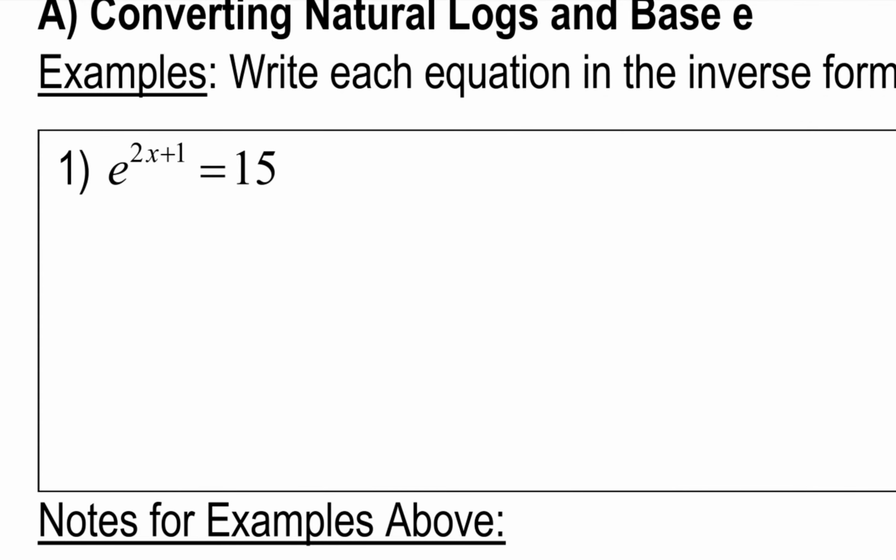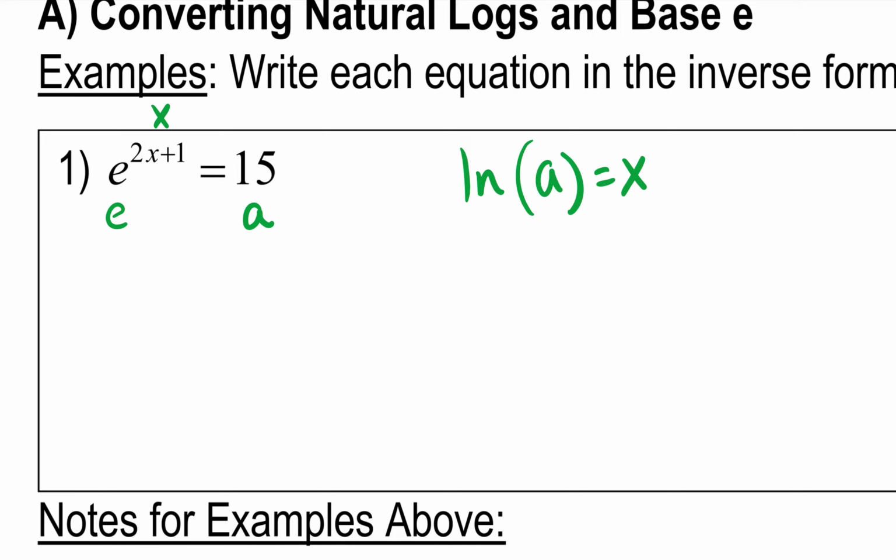Alright, so here, if you want to label these, I have E, X, and A. And to convert this from E, I would do natural log of A equals X. And notice I don't write a base because these are very similar to the base 10, where we just have a log with no number.